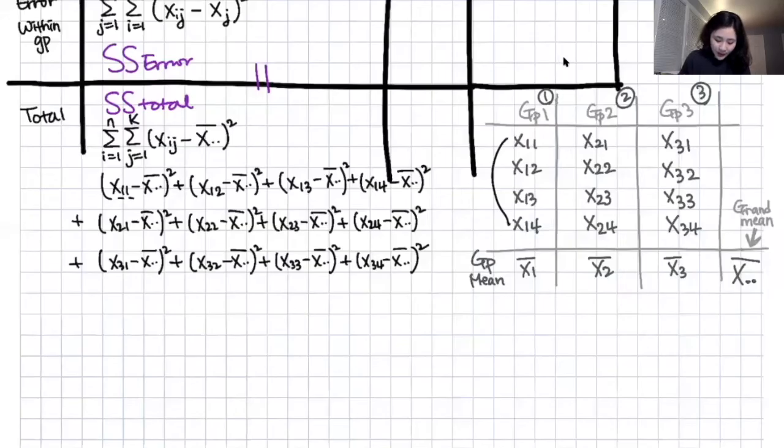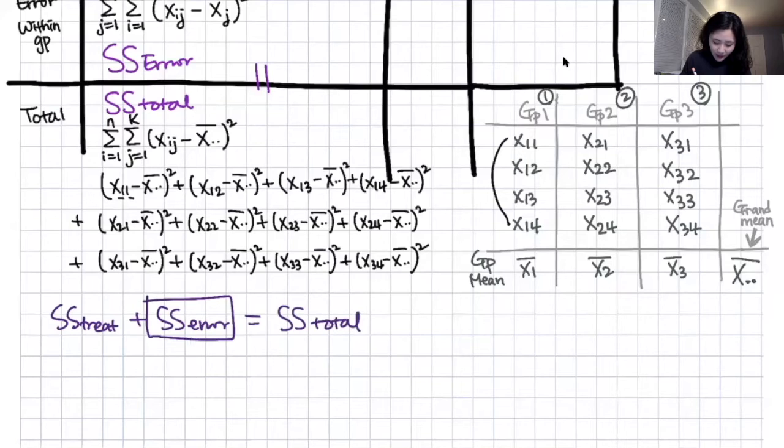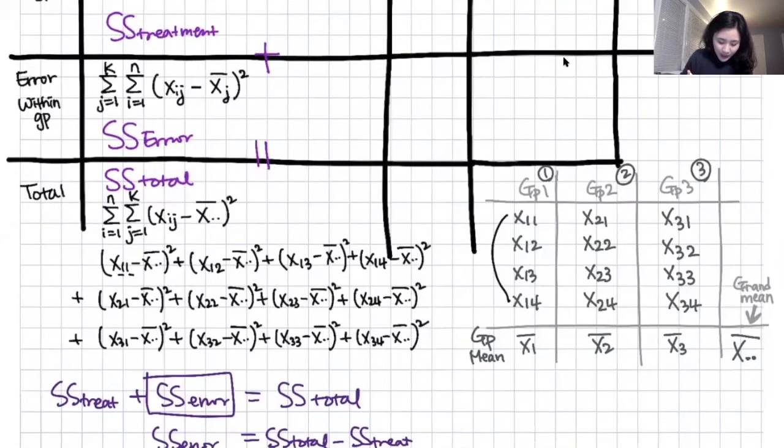I can write it in this way because SS treatment plus SS error is SS total. To calculate the sum of squares error, I need to calculate SS total minus SS treatment. So I can rewrite the sum of squares error as the sum of squares total minus the sum of squares treatment.